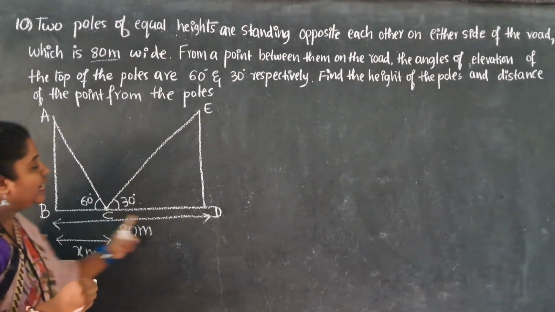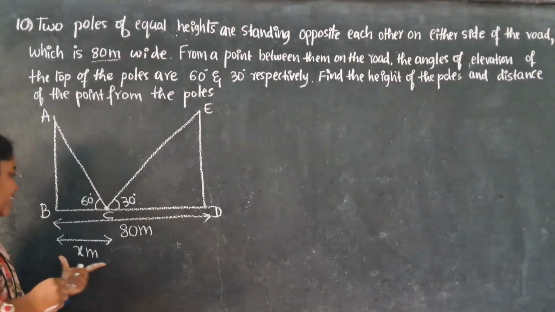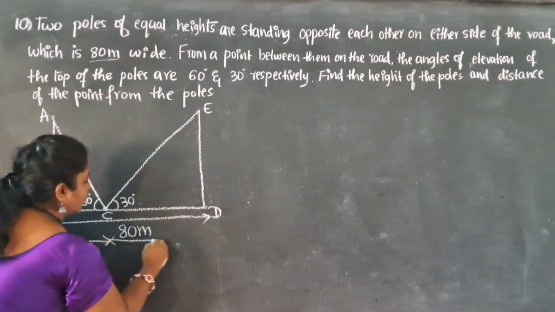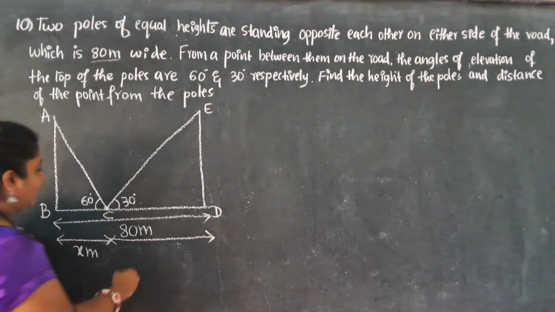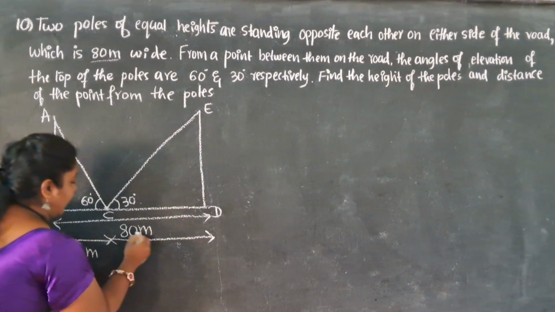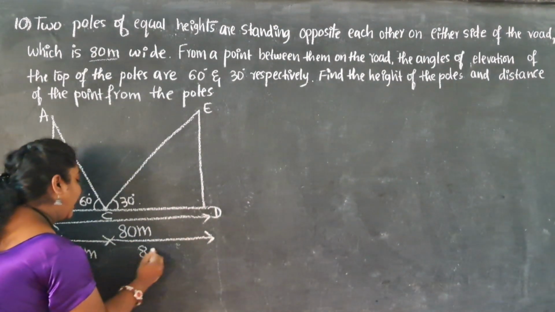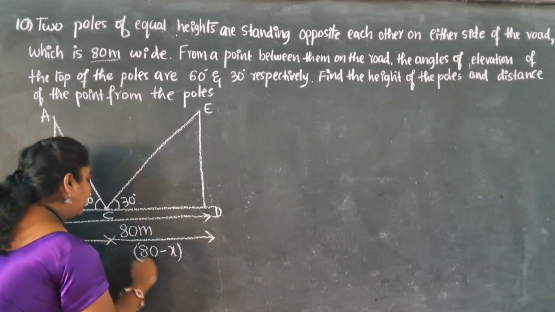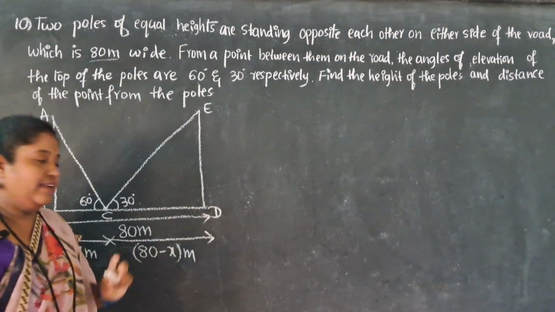If the total length of the road is 80 meters and this BC is x meters, can you tell me what CD is? If the total is 80 and this is x meters, CD will become 80 minus x meters.